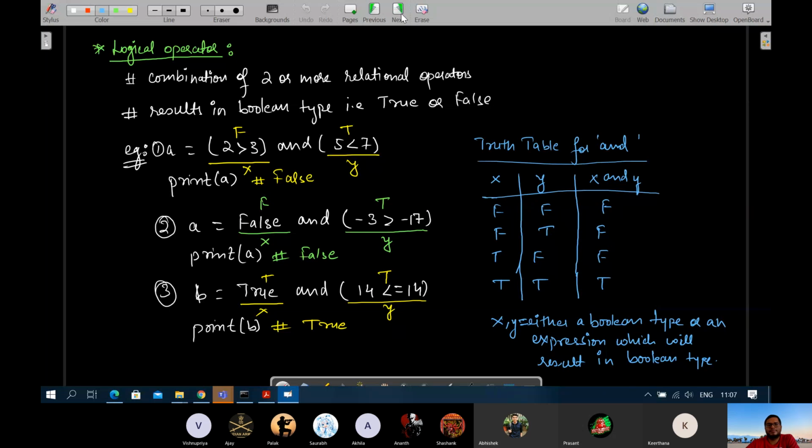Okay, truth table for or. What will be the truth table? If x and y are either Boolean types or an expression which will result in Boolean type, that means they may be some expression which will finally give you a Boolean type, then what will be the value of x or y?